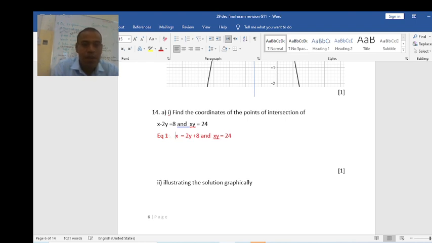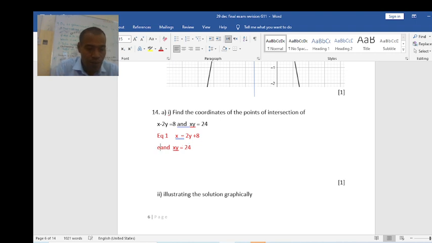This is equation number 2. We have xy equal to 24. Now I want to replace x with 2y plus 8 from the first equation.